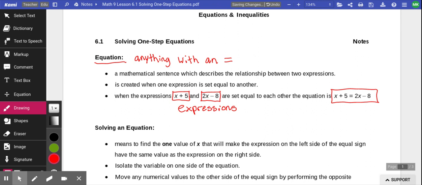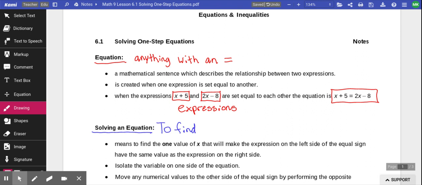Awesome. To solve an equation, it's a phrase you're going to hear a lot. Solving an equation, I say, means to figure out the value of your variable, to find a value for your variable.